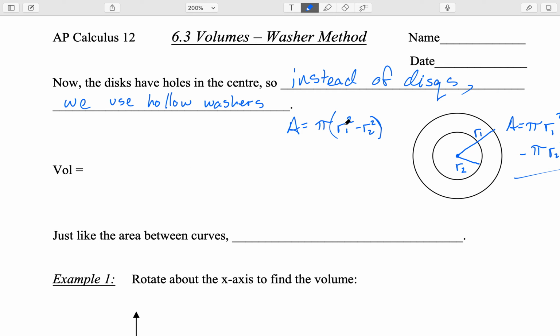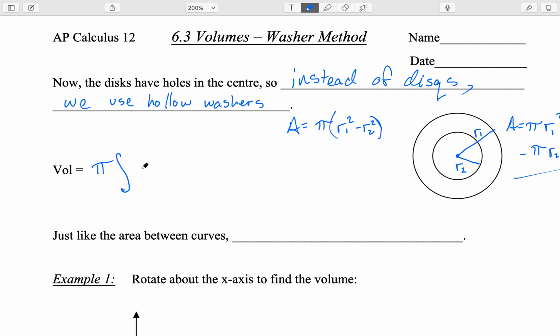So if you think about it as functions, what did we do before for volume? Well, we had pi and then f of x squared dx. But hang on, it's not just going to be that simple. Now it's going to be a function squared minus another. So we need to determine which is the inside and the outside, the bigger and the smaller, based upon the center of where this thing's being spun around.